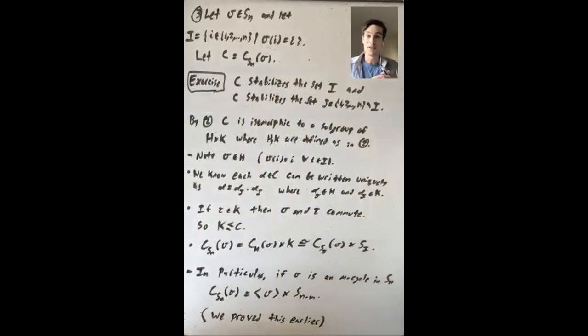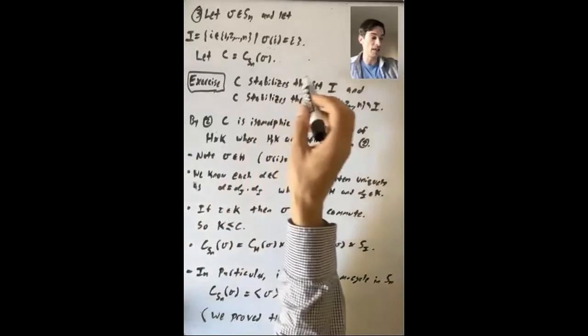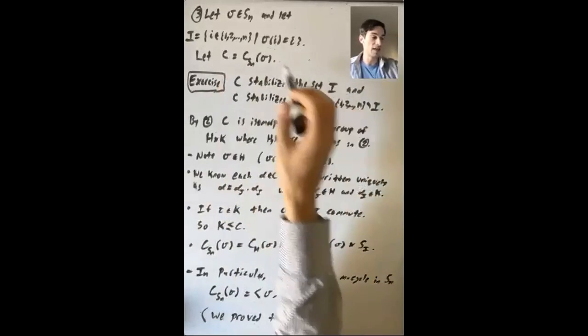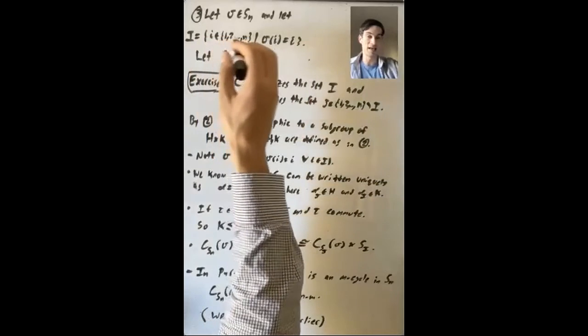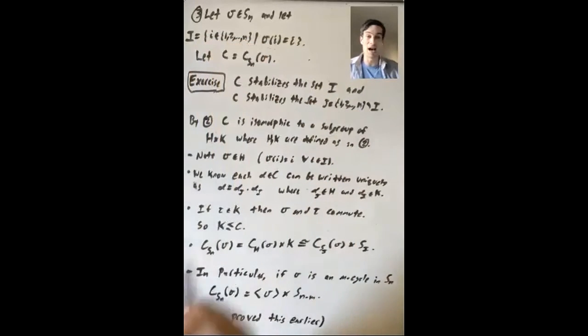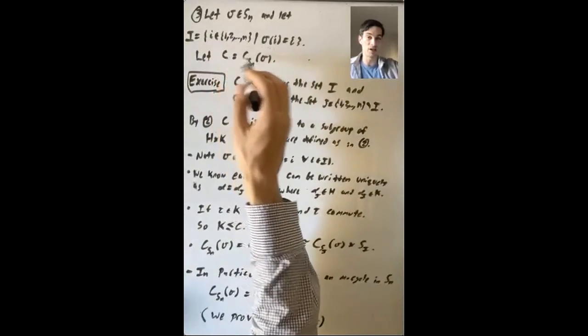What you could do is suppose you have a permutation in the centralizer that takes some element in the set I and sends it to some element not in I, and then find a contradiction with the assumption that that permutation commutes with sigma.